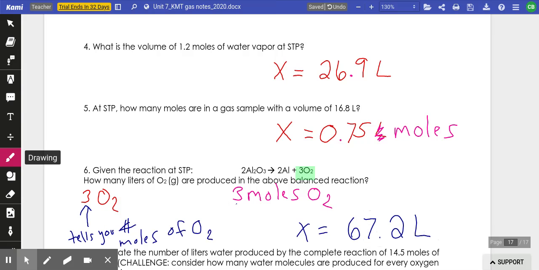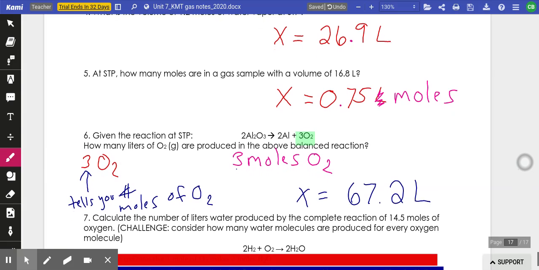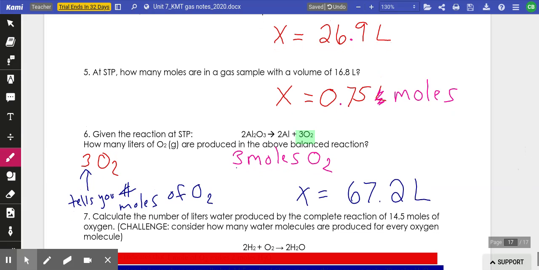Okay, I want you to try number 7. Number 7 is a bit of a challenge question. The reason it is a challenge is because I'm giving you a chemical formula here, but I also gave you some additional information up here in the problem where I'm saying it's 14.5 moles of the oxygen.